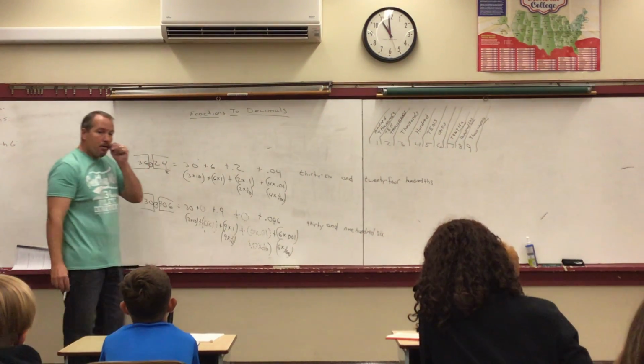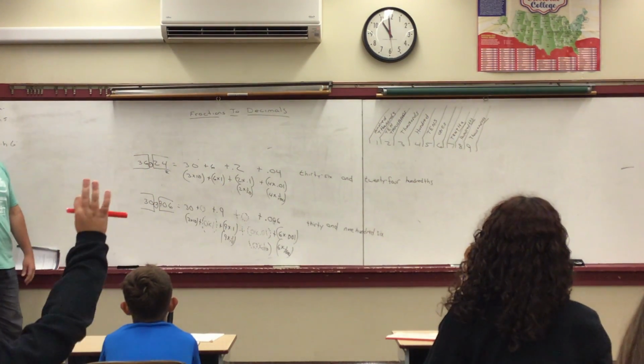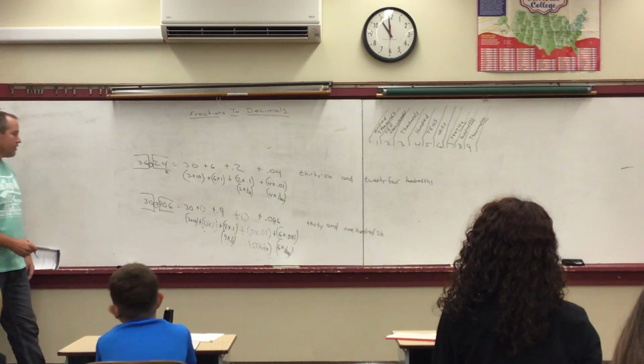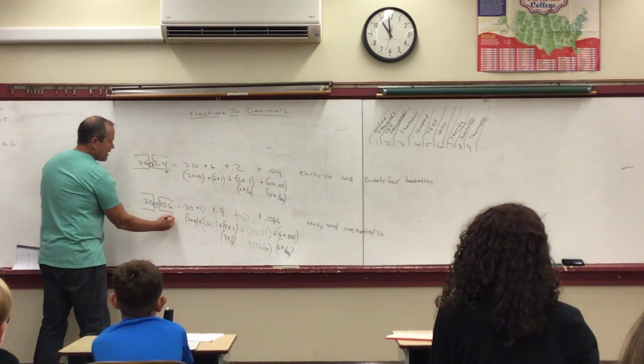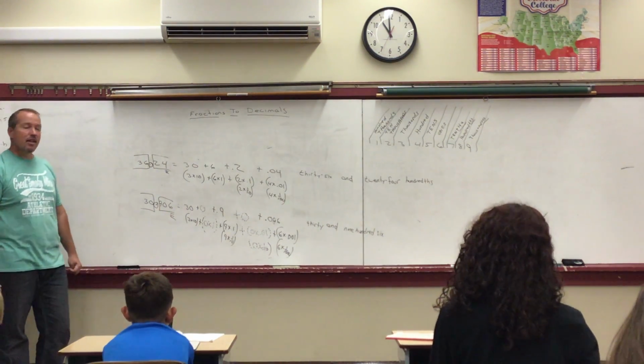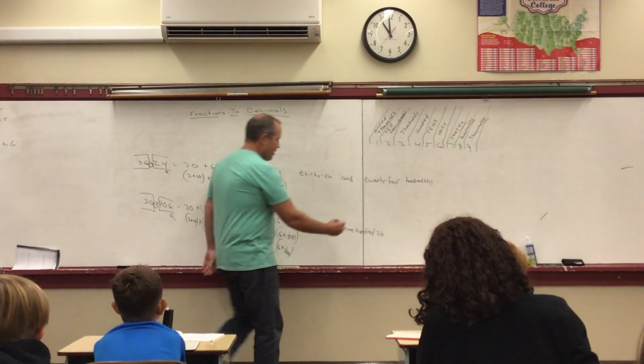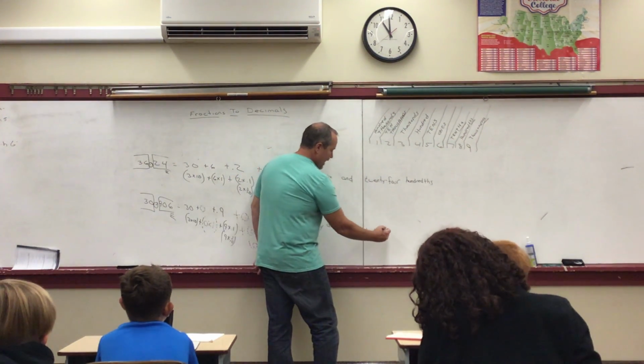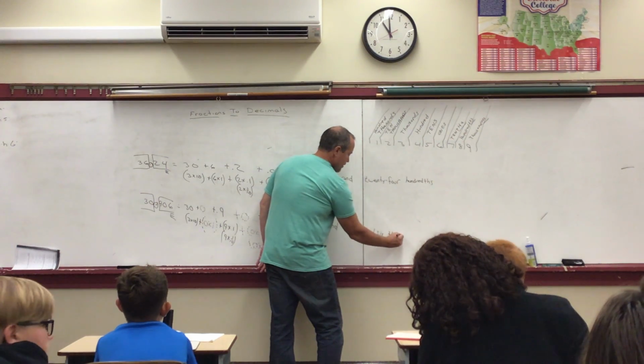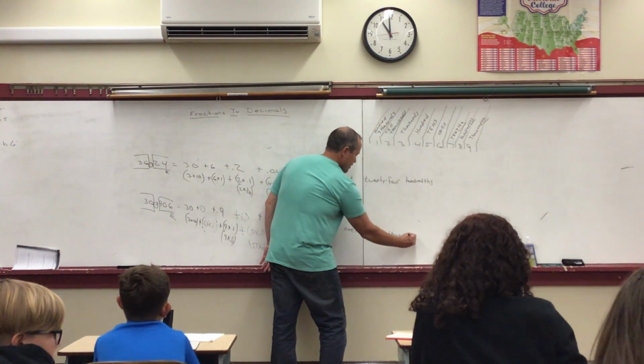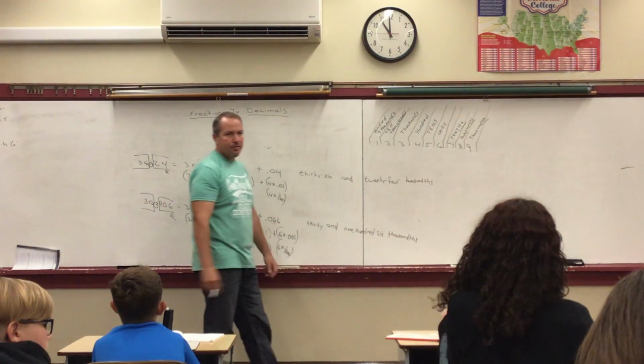And now the last part. Trent? Place value? The place value of the last digit. That 6 is in the thousandths. So it'd be 30 and 906 thousandths.